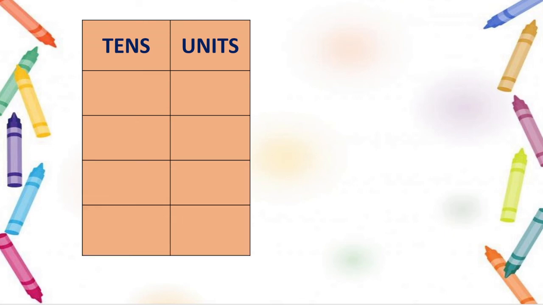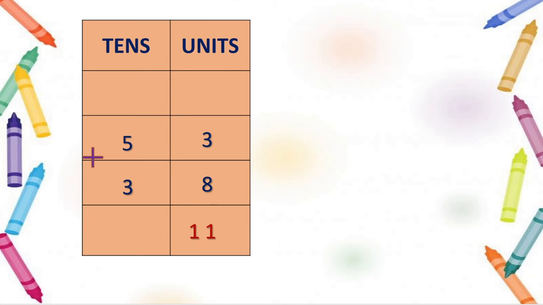Yes, dear children. Here the last one. 5 tens, 3 units plus 3 tens, 8 units. Come on, tell me 8 plus 3. 11. Very nice. Now the right hand side 1 will remain in the units column and 1 on the left hand side will move to tens place.